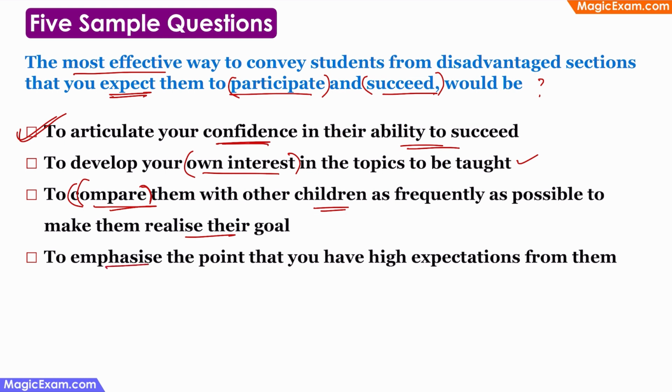And emphasize the point that you have high expectations from them. Expectations is good, but if you don't have the confidence, then just having expectations does not make sense. Therefore, you should show that you have confidence in their ability to succeed along with any expectations that you have. Therefore, option 1 is the best and the most effective option here.